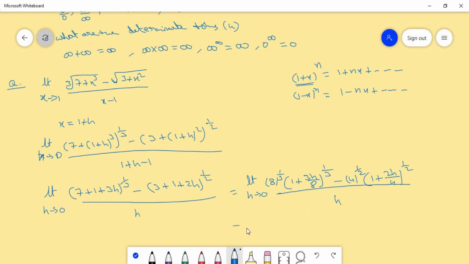So limit h tends to 0. Here we get 2, here we get 2. From that we are taking 2 outside.